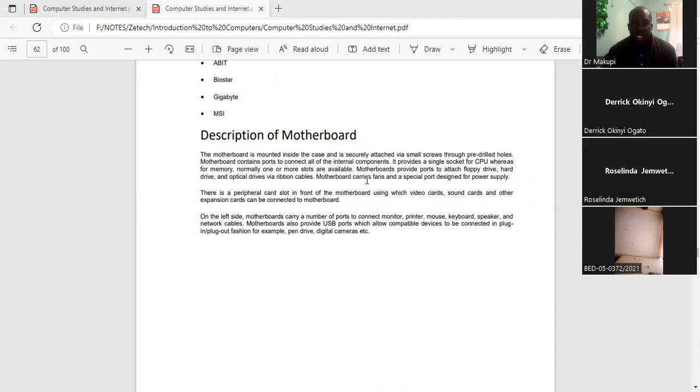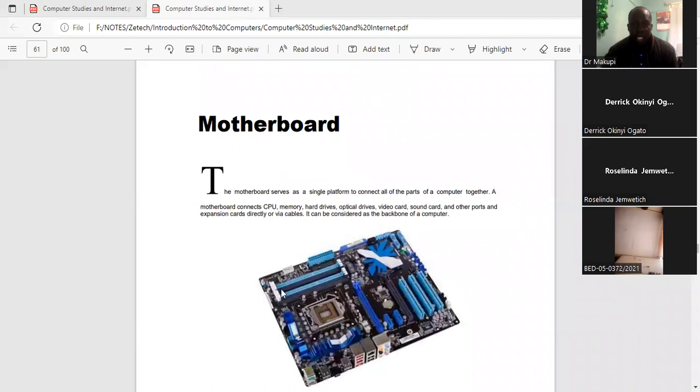That's where I can attach my mouse. That's where I can attach my display, or what we say monitors. It provides a single socket for the CPU, while for memory, normally one or more slots are available. Remember, we just saw the RAM slots here.